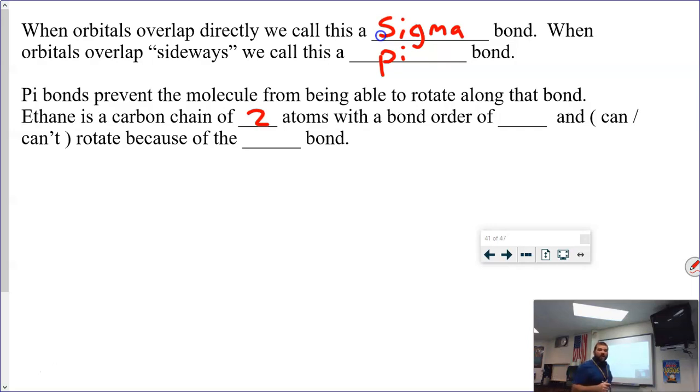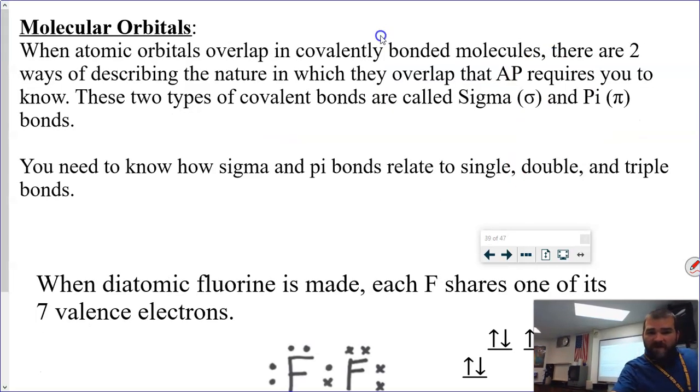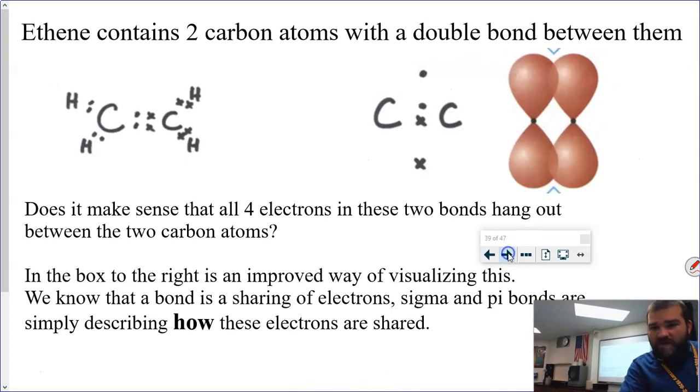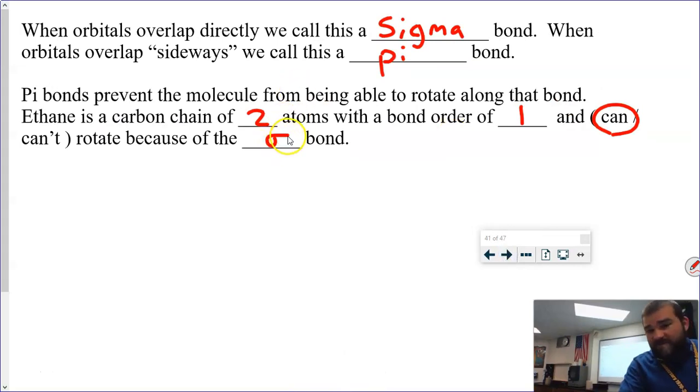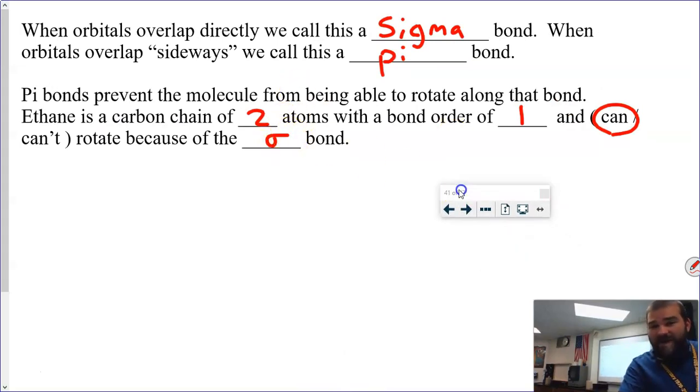The bond order of ethane is 1, meaning there's a single bond, and it can rotate because of the sigma bond. I'm going to draw the sigma symbol, okay? That's how I draw it. You can see the official drawing of it 2 slides ago, right up here, right? There it is. That's how sigma looks. When I draw it, it kind of looks like that. Sorry, that's just the way it looks.